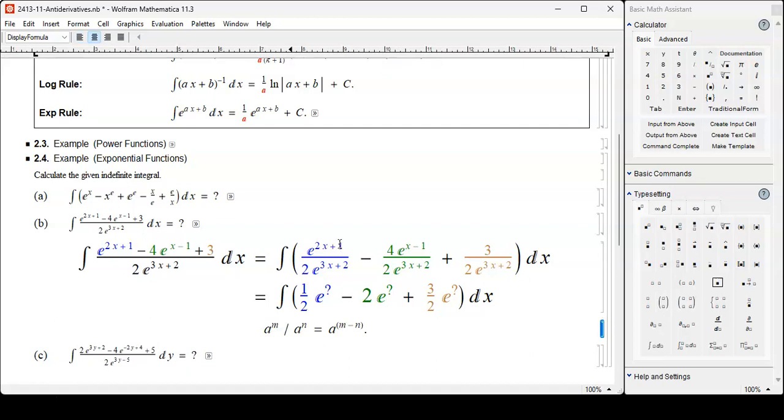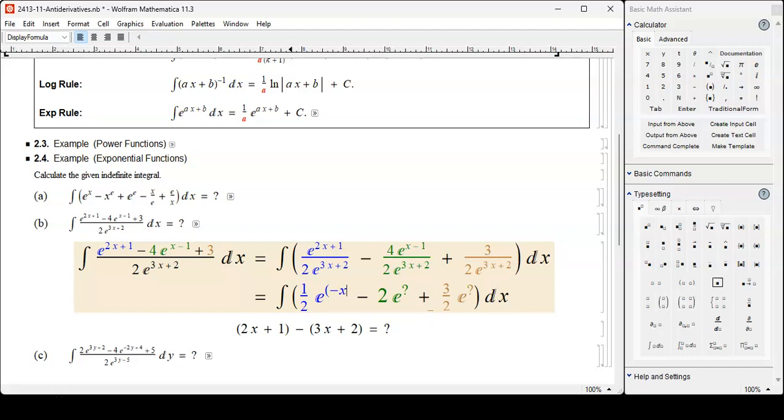So we're going to subtract 2x plus 1 minus 3x plus 2. That's going to be this question mark. This power minus that power. So what do you get? You get negative x minus 1. Does it look right? 2x minus 3x, 1 minus 2.